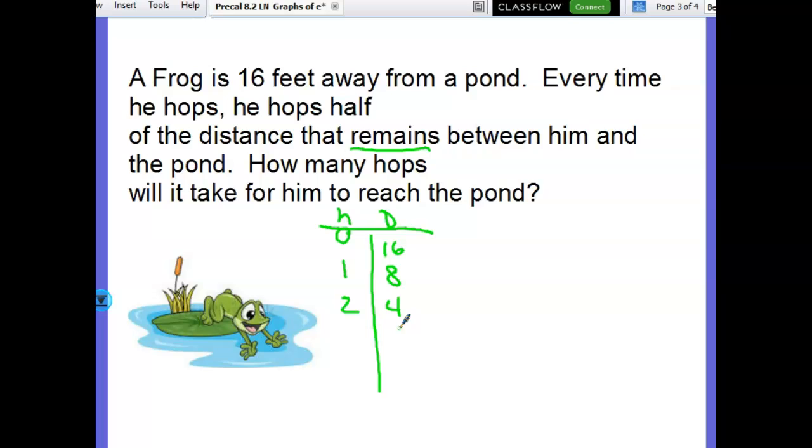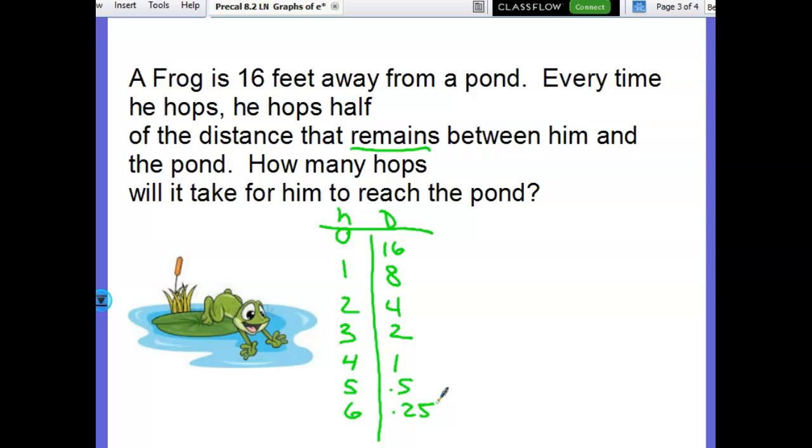Why? Because, check it out. What's his next hop going to be? 2, right? And then next hop? Next hop? What's half a half? 0.125. And so you would have to divide forever, and you guys can get your calculator out and try it and just keep trying.